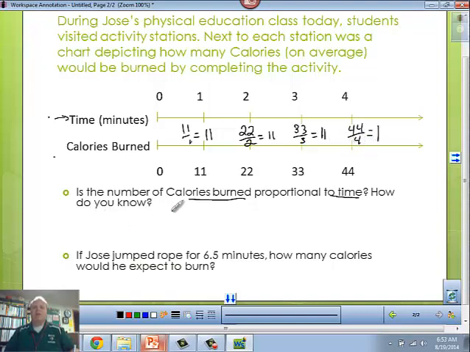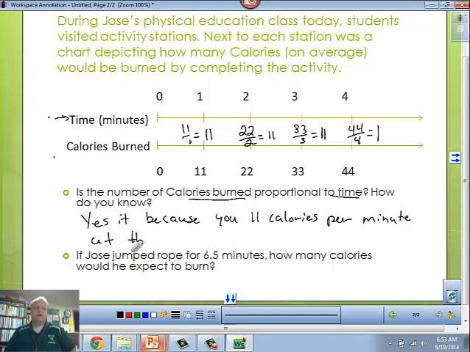So, is the number of calories proportional to the amount of time? I would say yes, it is, because you will burn 11 calories per every minute at the stations. I always want to answer my questions in complete sentences.